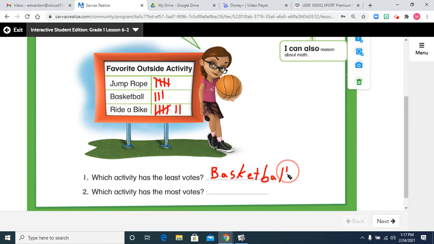Number 2 says, which activity has the most votes? Jump rope had 5. We know basketball had the least, but riding a bike had 7. So 7 is definitely bigger than 5 or 3. So the most votes was ride a bike. So then in the blank, write ride a bike.